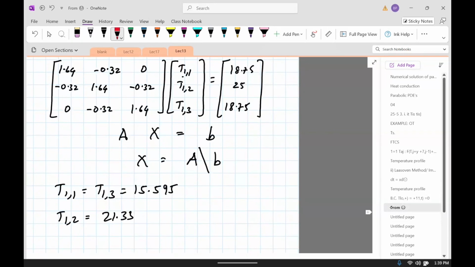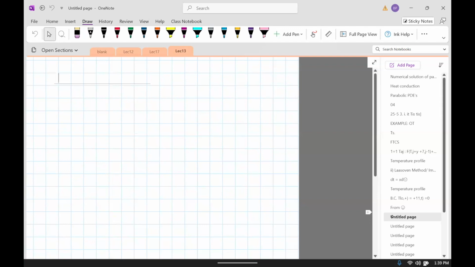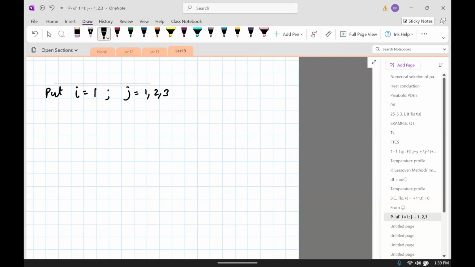So I would like you to check this up. I'll give you the answer. So use the same procedure as I used. Put i equals 1, j equals, sorry, j should be 1, 2, and 3.